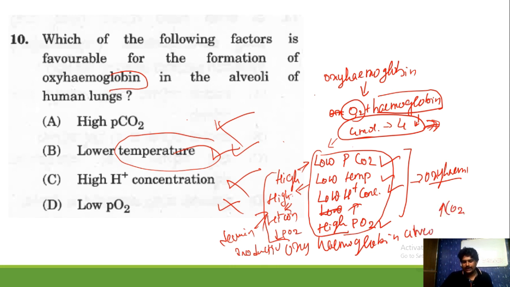As the CO2 rises, the hemoglobin cannot bind to oxygen because there is less oxygen. It will bind only the amount of oxygen present in that area, so there is no extra amount where there is a high amount of CO2. So this is the answer for this question. The answer is B.